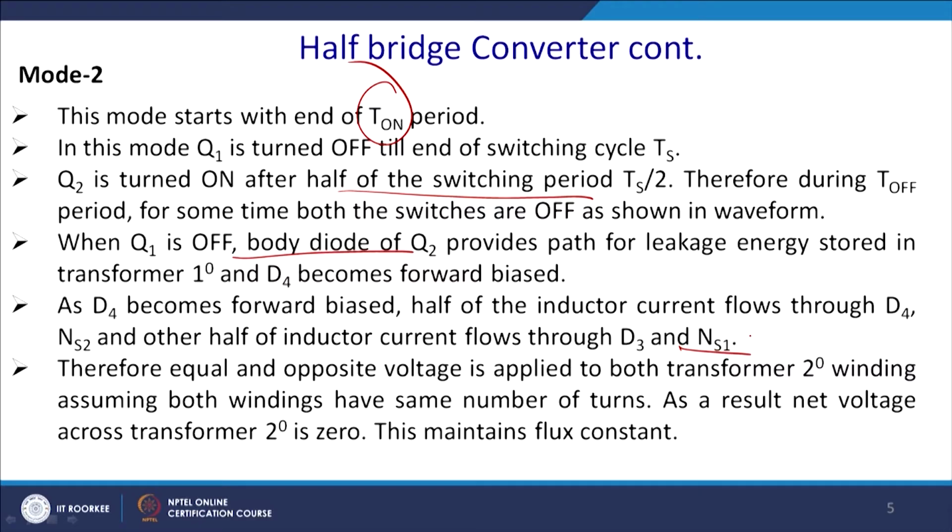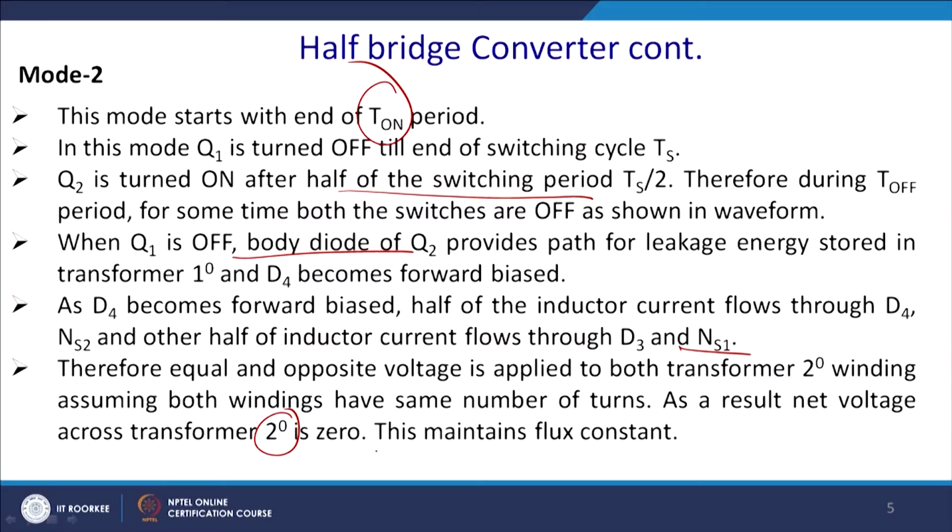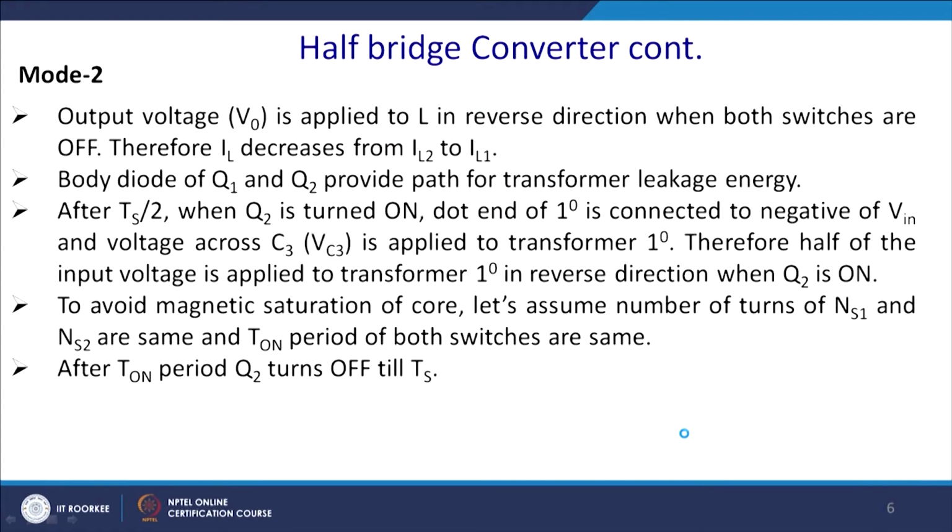Therefore, equal and opposite voltage is applied to both the transformer secondary windings, assuming both windings have the same number of turns. As a result, the net voltage across the secondary becomes 0, and it maintains the flux flow conditions. And this is the second mode, mode 2.